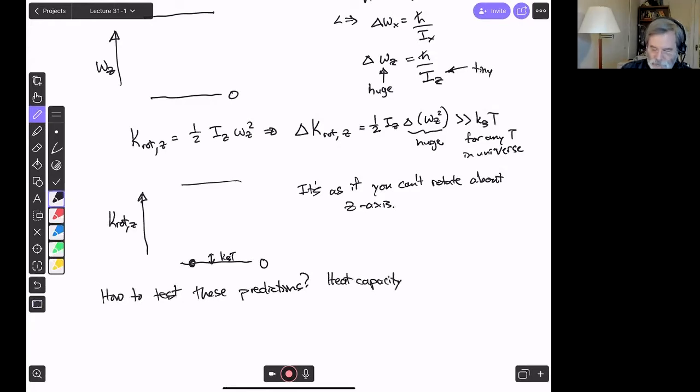It's been a little while since we've talked about the heat capacity, so I'll remind you of the definition. Capital C is defined to be the derivative of the energy you put into a system with respect to temperature. So I could rewrite this as delta Q over delta T, where delta Q is the energy added to a system, and delta T is the resulting temperature change.